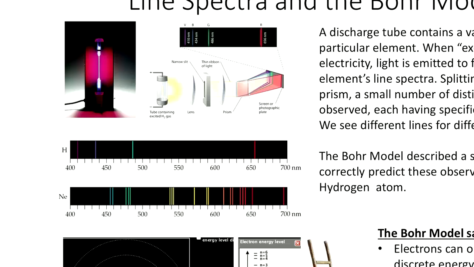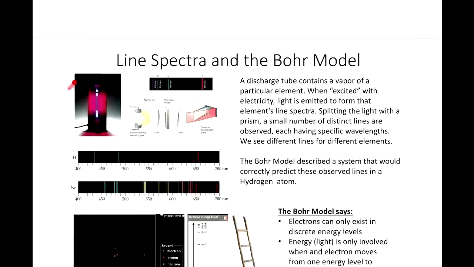So what you see here, helium has these unique lines in its line spectrum. Neon has another set of lines. Every element has a unique set of visible lines. Regardless of who prepares the discharge tube, any neon sign will have the exact same lines within its line spectrum.